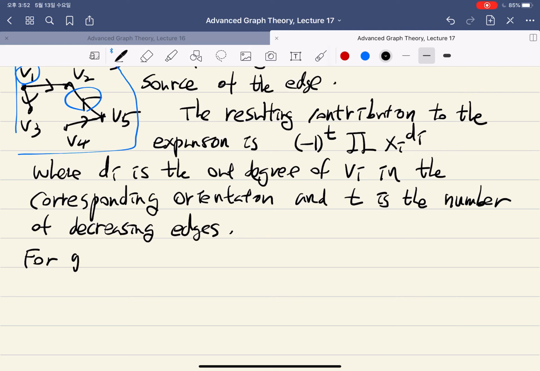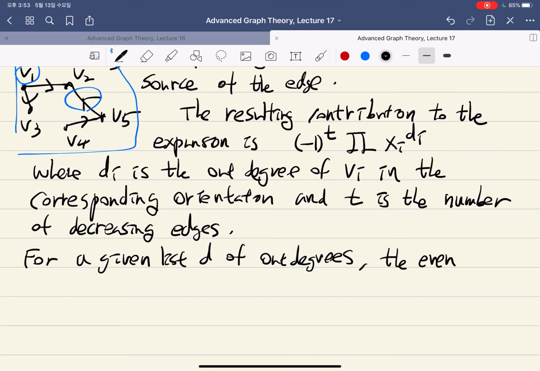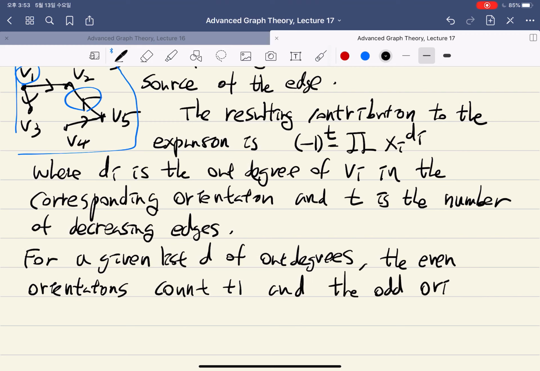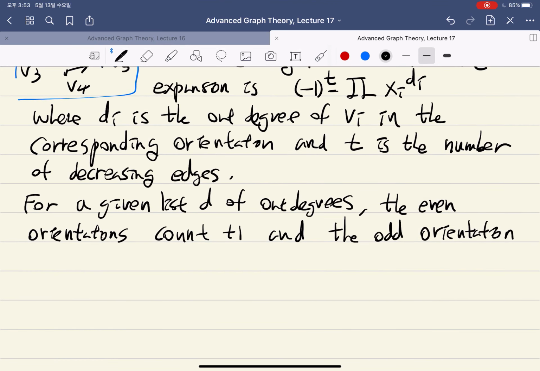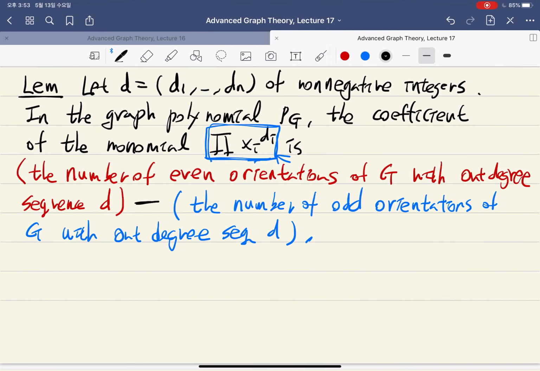So for a given list of out degrees, the even orientations count +1, because t is even, and the odd orientations count -1, which proves that this holds.